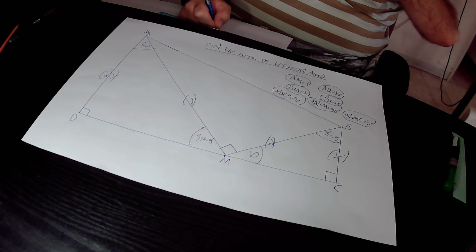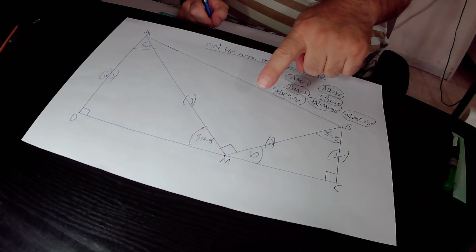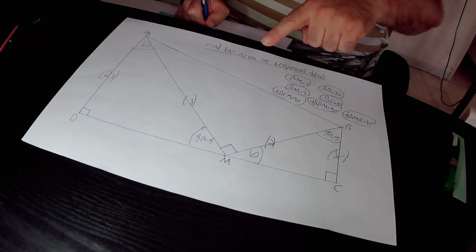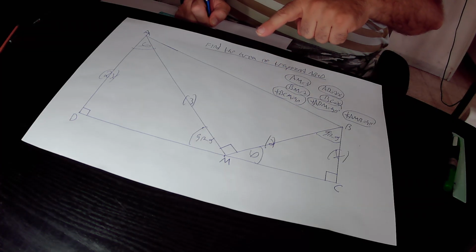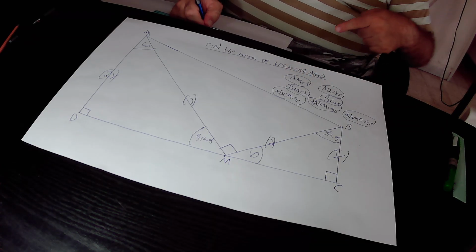And it is also equal to side AM of the big right triangle ADM over side BM of the right small triangle BMC.